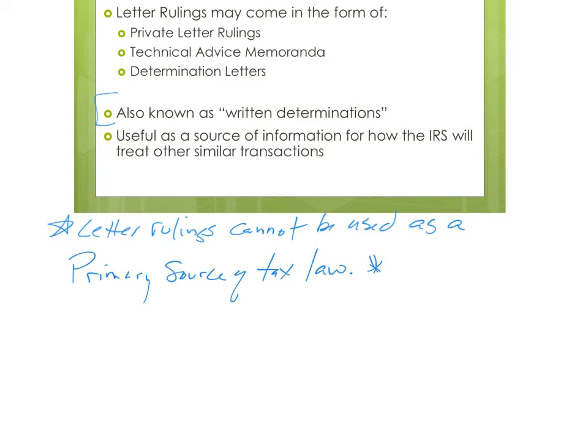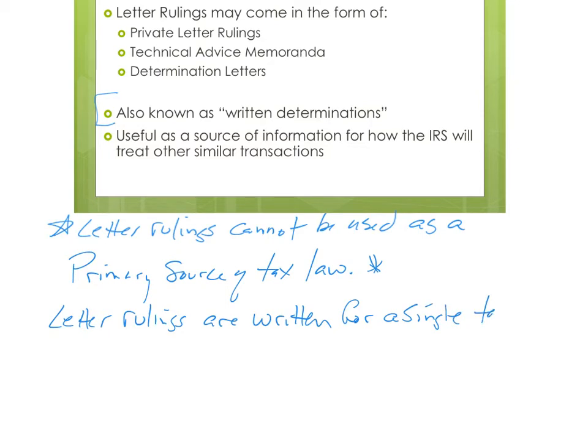Well, a couple of things. First of all, a letter ruling tells you how the IRS treated that particular taxpayer. All right, letter rulings are written for a single tax entity, and they only apply to that tax entity.